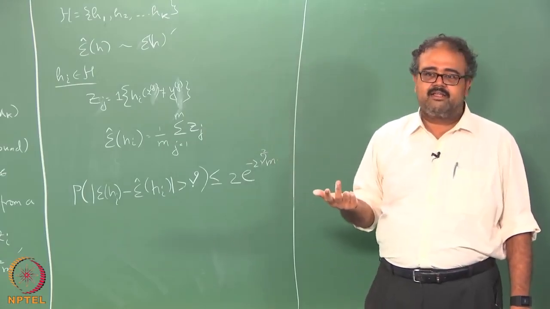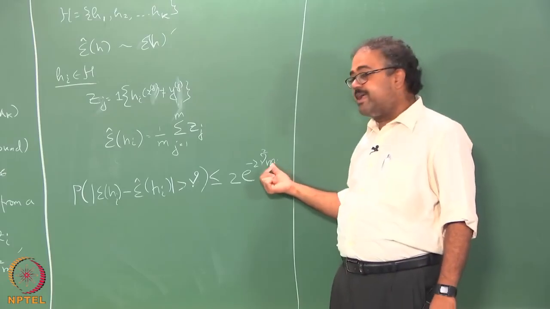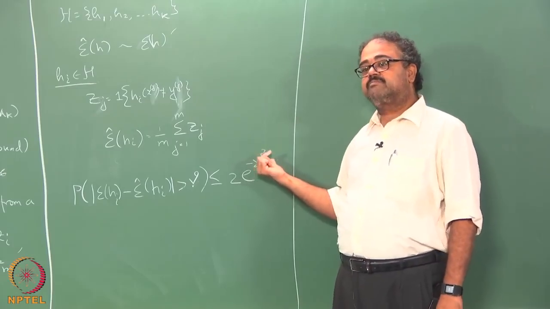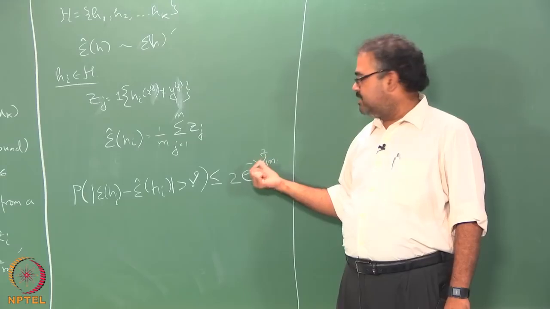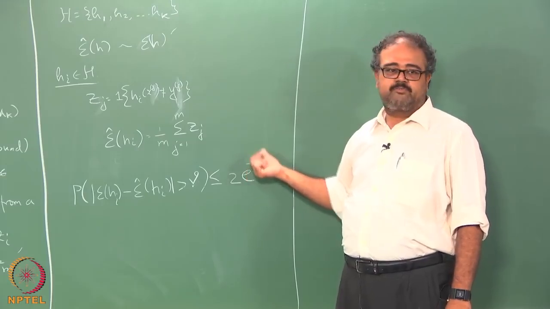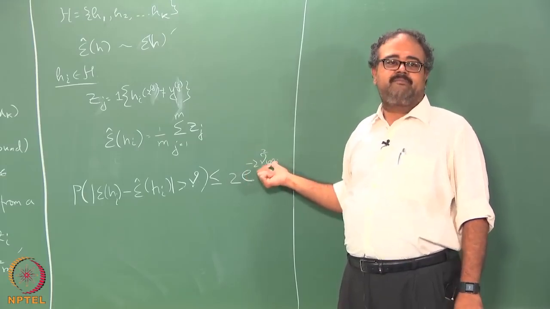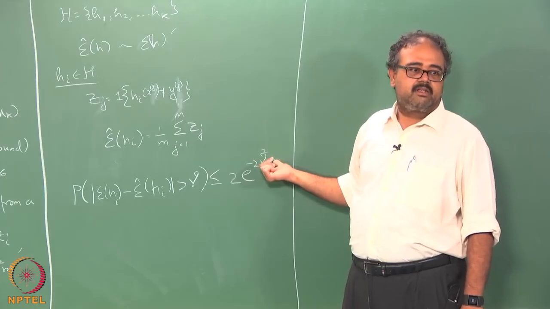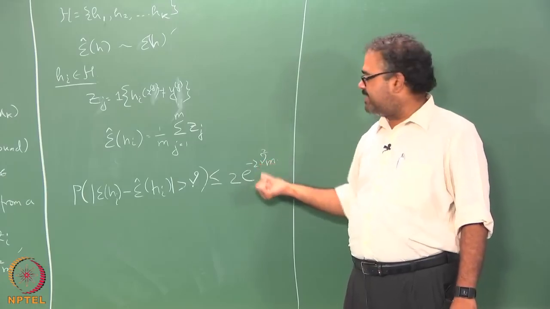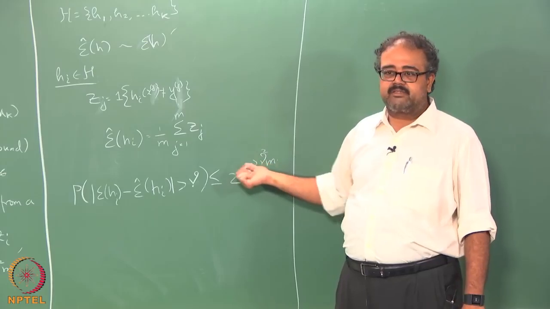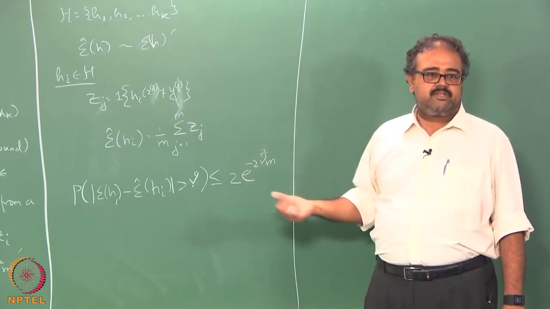But if my m is very large, suppose I want this to be 0.01, and let us say my m is a million, then I will have e power minus 20 or something. That is a small number.